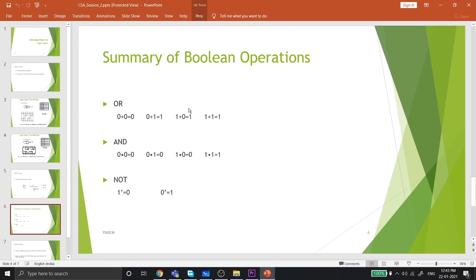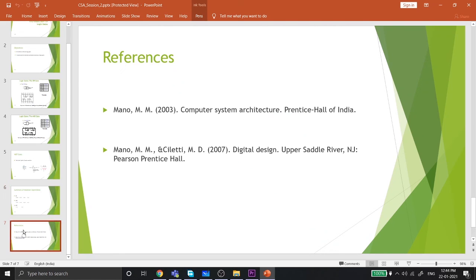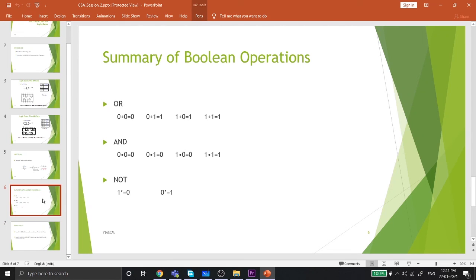So that's the summary of Boolean expressions. I'll explain Boolean expressions in detail because we have a lot to study in Boolean expressions. The references are the same as before. So that's it for the second session in CSA.